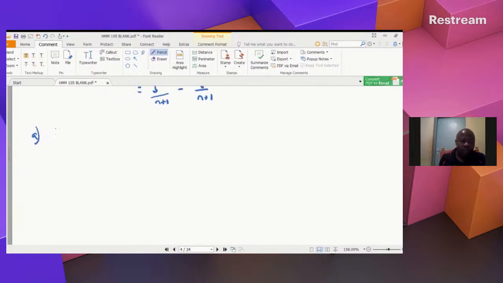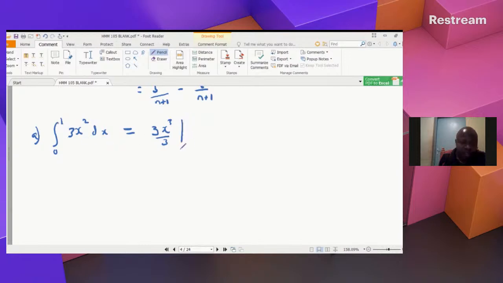Let's do this. The integral of 3x raised to 2 from 0 to 1 dx. So the answer here, first of all, we integrate this. We add 1 to the power, then divide by the new power. There's no need of adding a constant of integration because this is a definite integral.